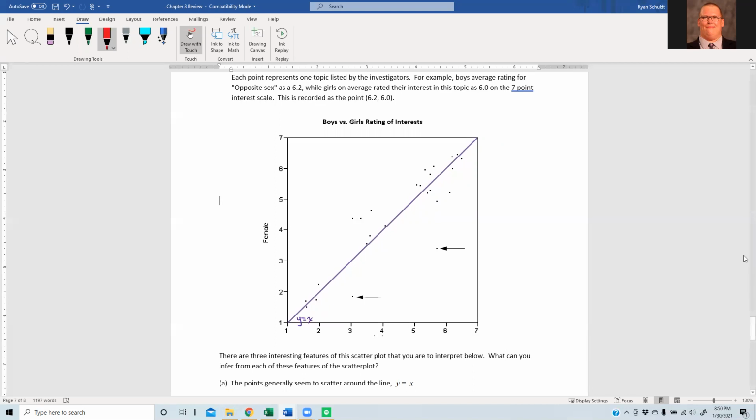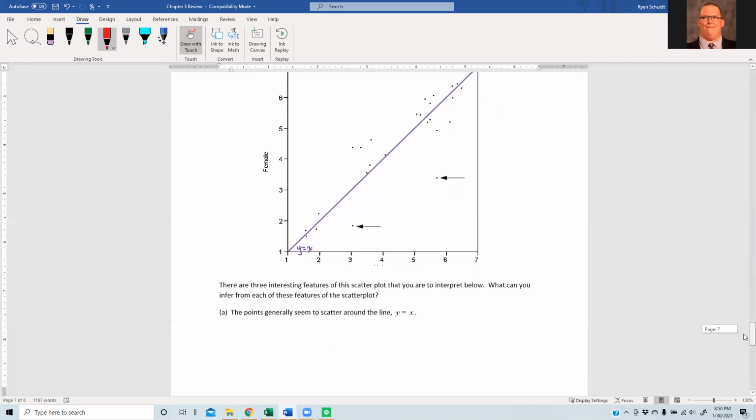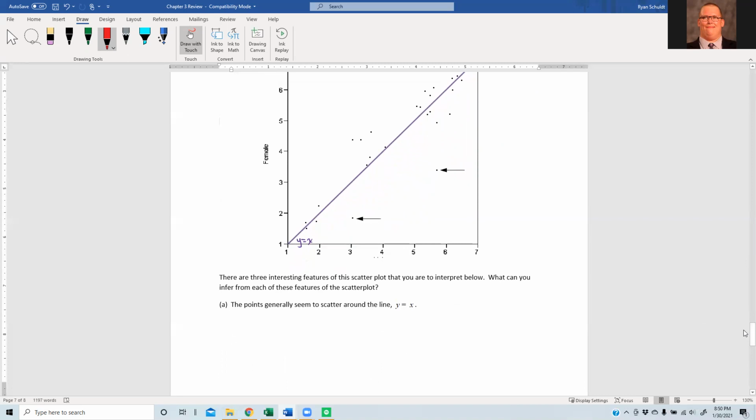So what could this mean? If they fall pretty close to this line, what could this mean?